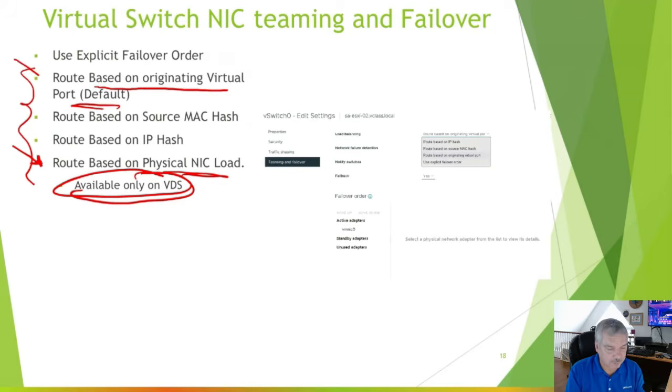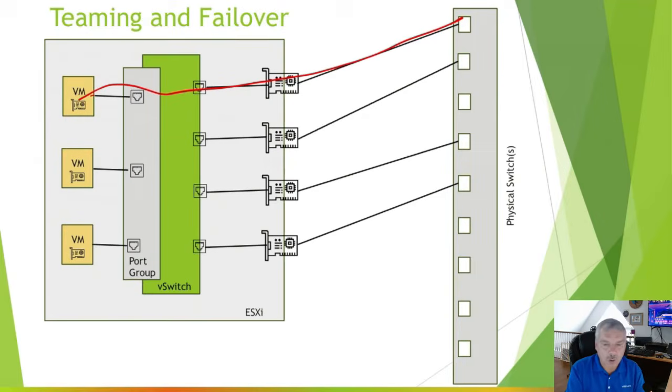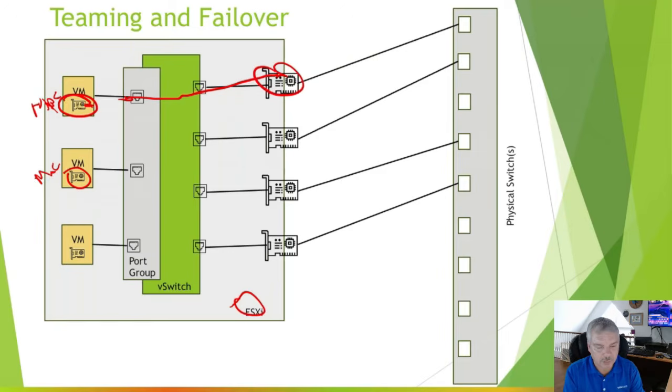That's the default. Then there's route based on source MAC. This is almost exactly the same as the port based. This VM has a NIC right here, and it has a virtual MAC. Same thing with this guy, it has a MAC. So the host is going to say, oh, this MAC address, I'm going to pin it to this uplink. This MAC address, I'll pin it to this card, and this MAC address, maybe I'll pin it to that card.